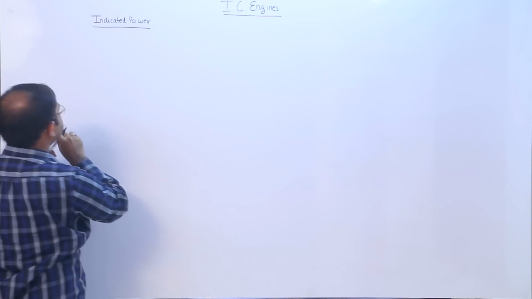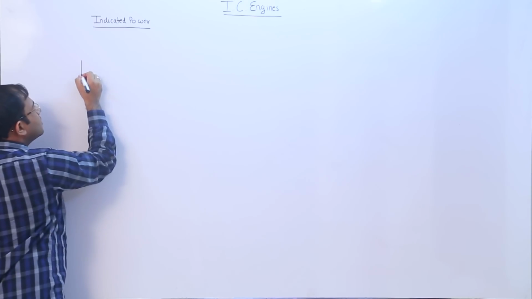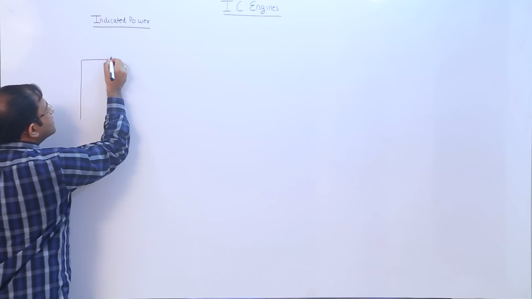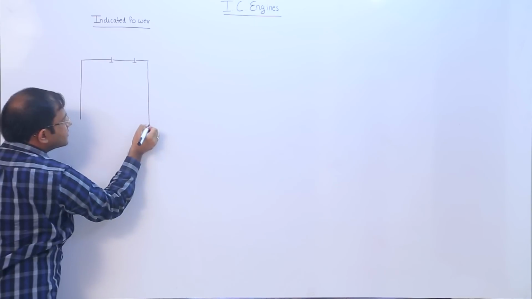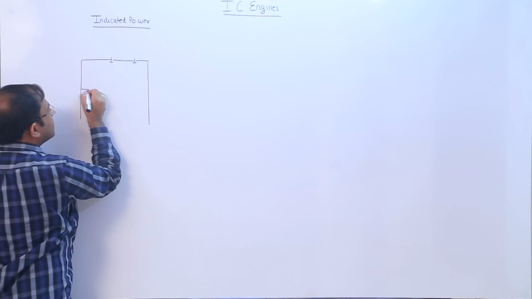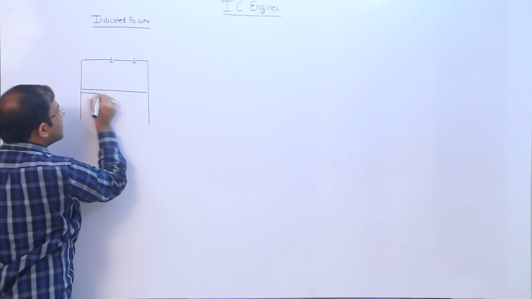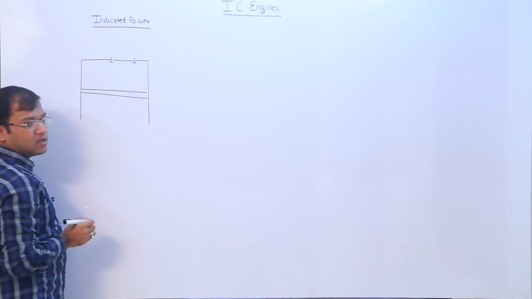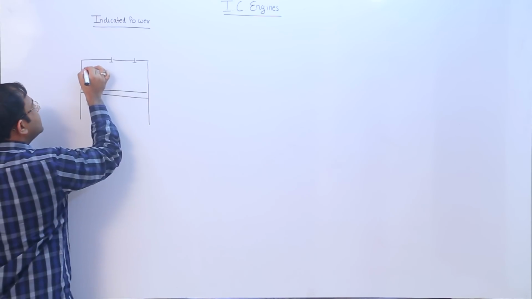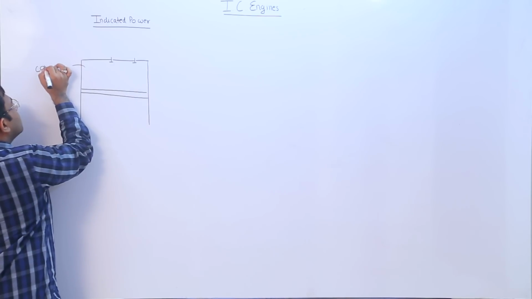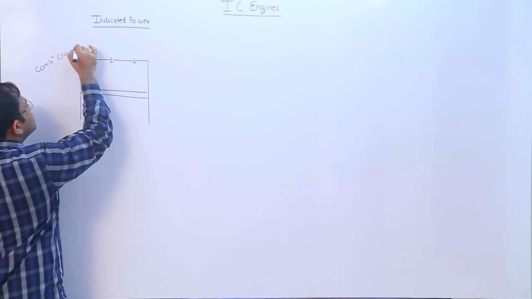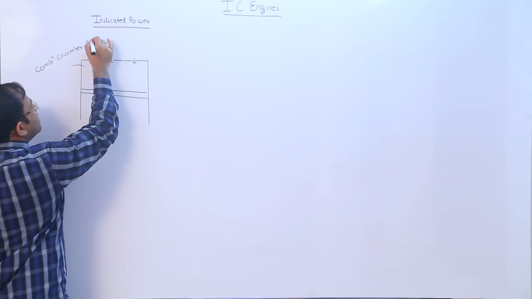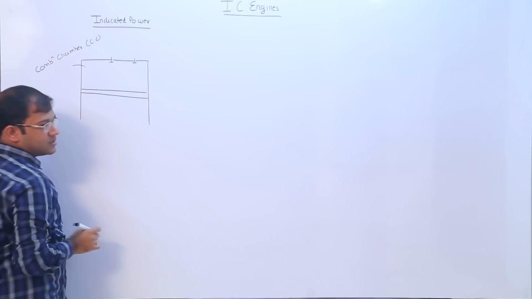Now see students, suppose this is our cylinder and let the current position of the piston be somewhere here, and this region is known as our combustion chamber. Generally we denote it with CC.